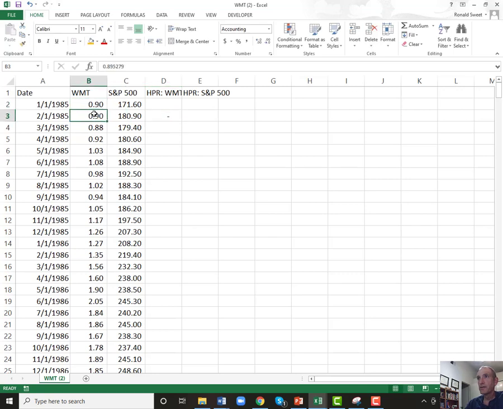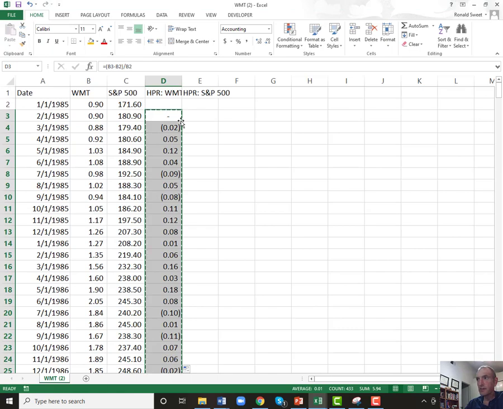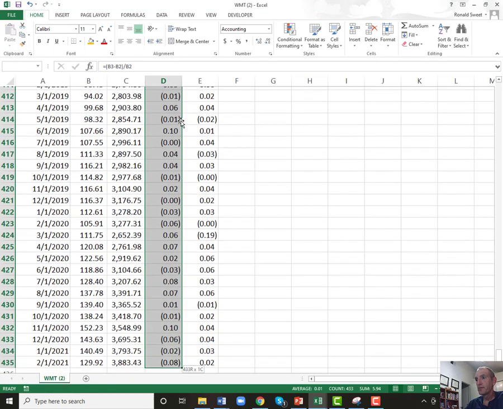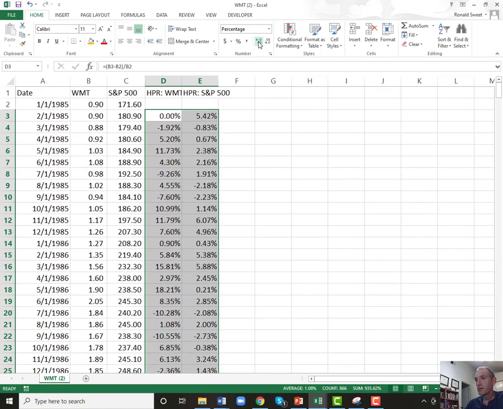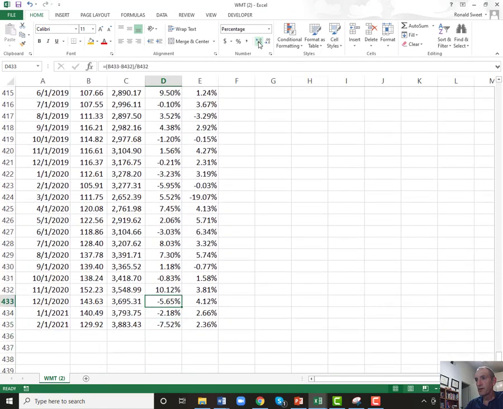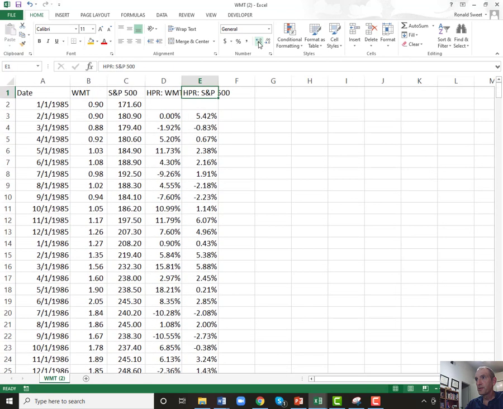I don't know why it's giving me zeros. That's strange, but anyway, it looks like it just thinks it's the same. I'll copy that over for the S&P 500. We'll make these percents. So there you see the numbers. You can see Wal-Mart has had a tough time of it the last few months.